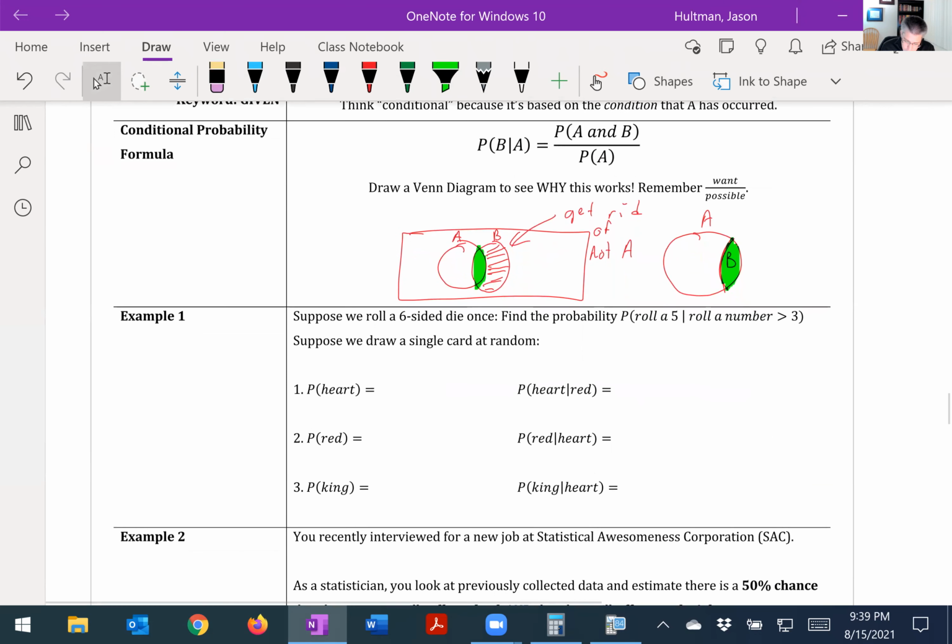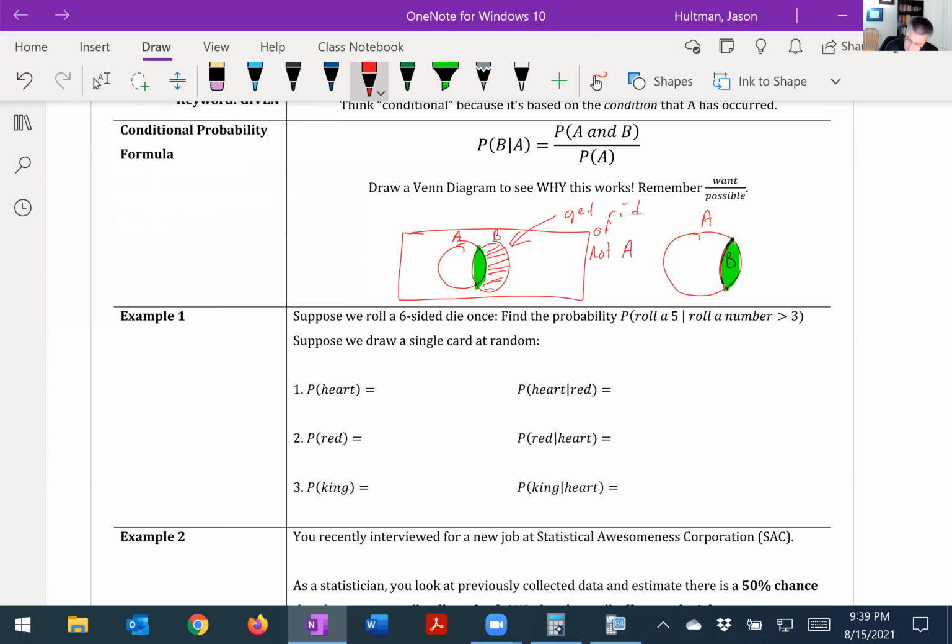Okay, suppose we roll a 6-sided dice. Find the probability of rolling a 5 given that we roll a number greater than 3.